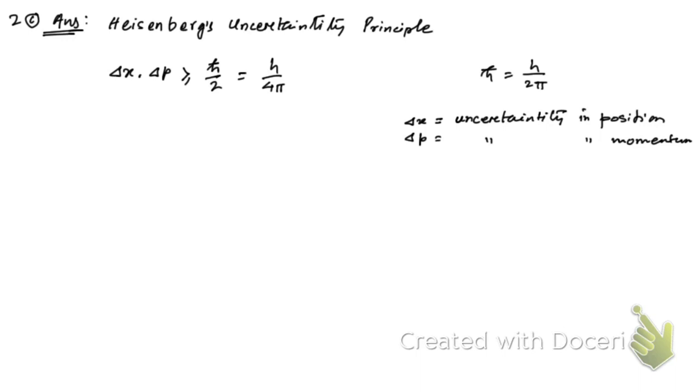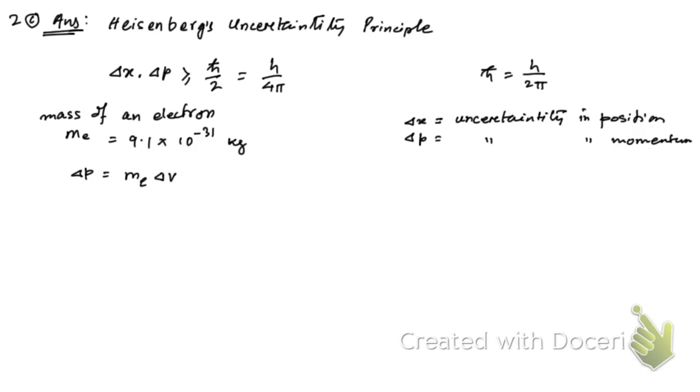The mass of an electron is given by 9.1 into 10 to the power minus 31 kg, right? And delta p is momentum, so mass into velocity.